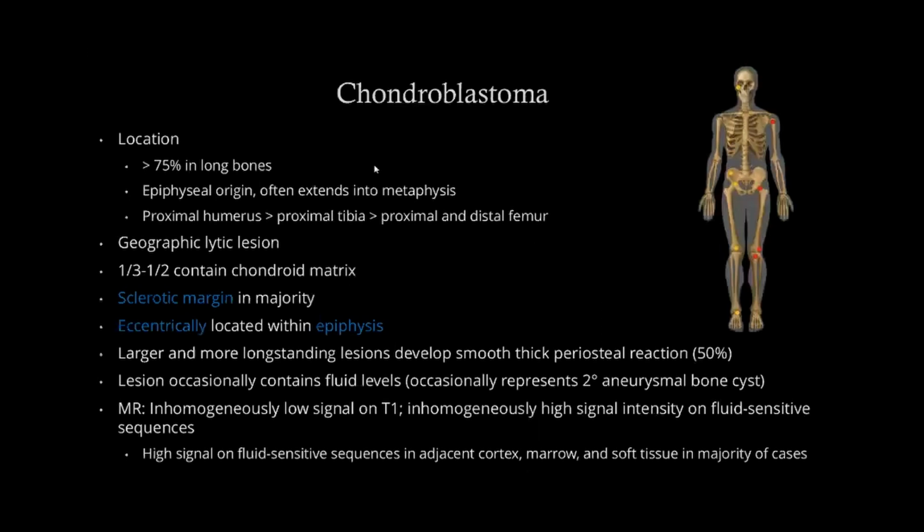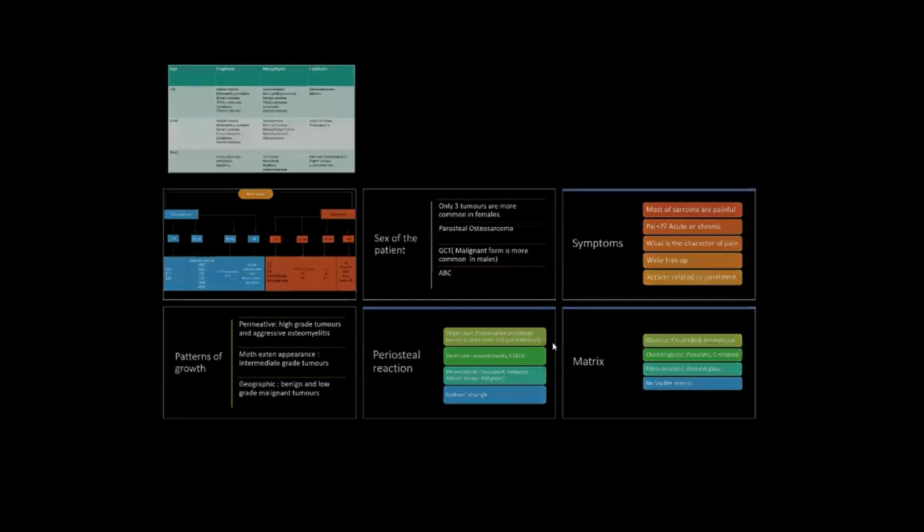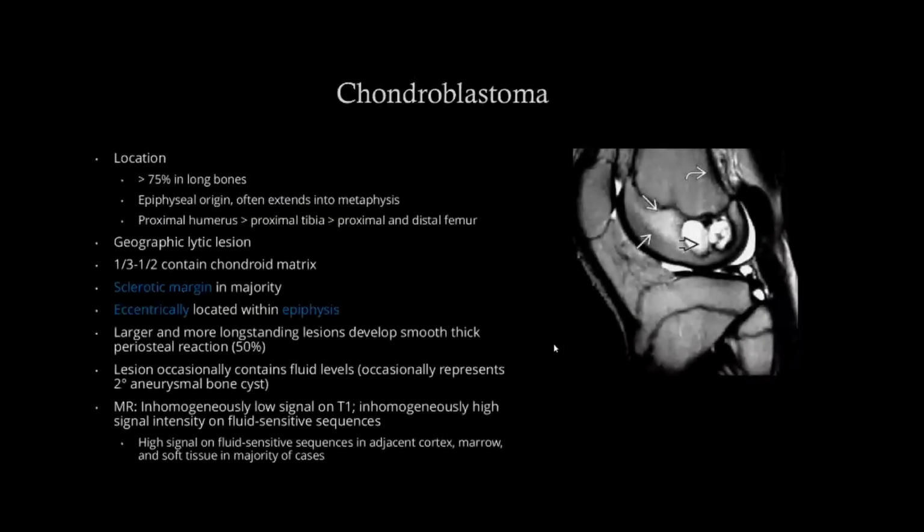The chondroblastoma in the location: more than 70% in the long bone epiphyseal have a sclerotic margin in the majority. It is an eccentric lesion located in the epiphysis. Okay. In the MRI of chondroblastoma, the chondroid matrix appears high signal.